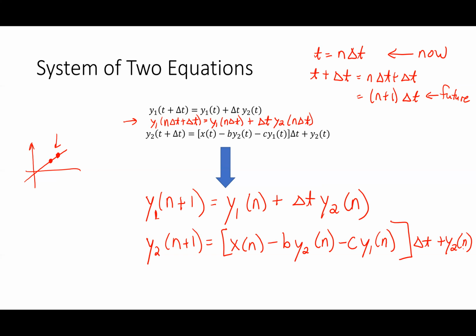All right, I got two equations and two unknowns. The two unknowns that I have at any time step are basically what the future values of y1 and y2 are going to be.